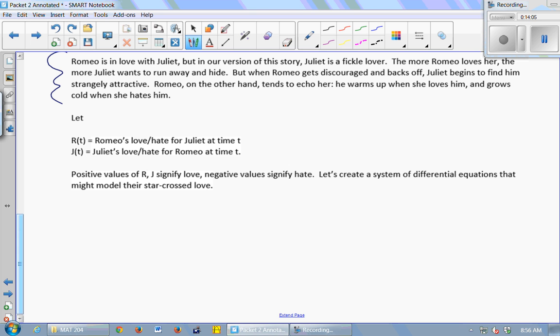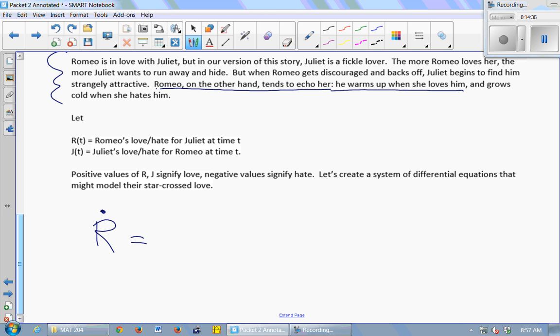Okay, so let's talk about Romeo. So Romeo's love changes, right? Romeo echoes Juliet, right? So when she loves him, he loves her more, and he grows cold when she hates him.